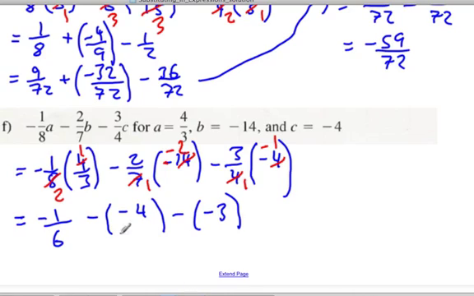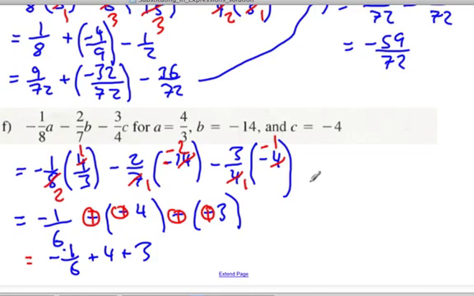So change this to add the opposite. So it's negative 1, so this will be negative 1/6 plus 4 plus 3. And really, if you can do this very quickly in your head, you know that this is going to be 7 minus 1/6.